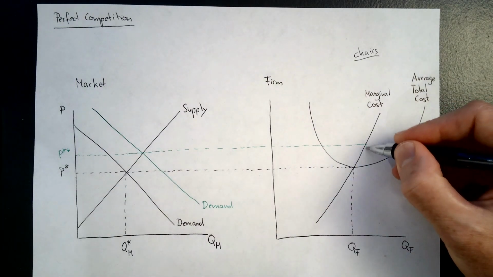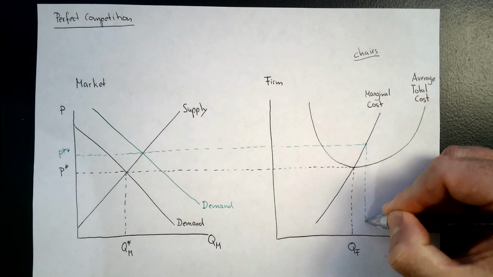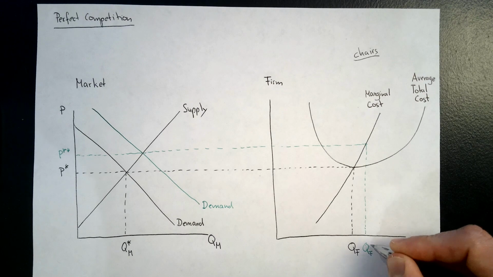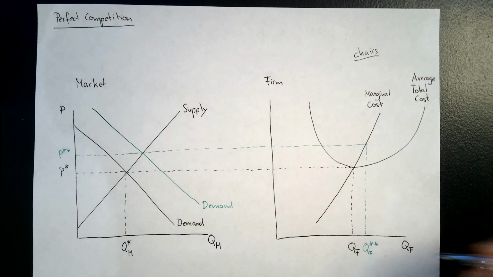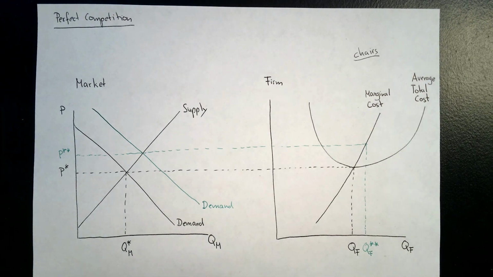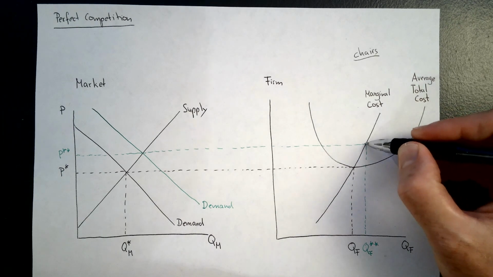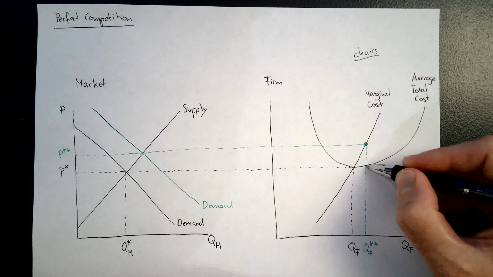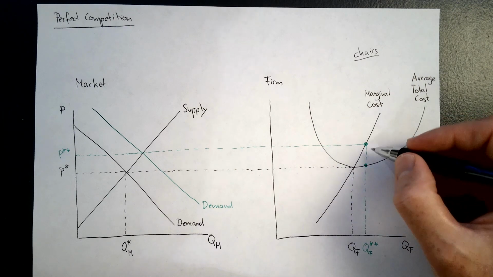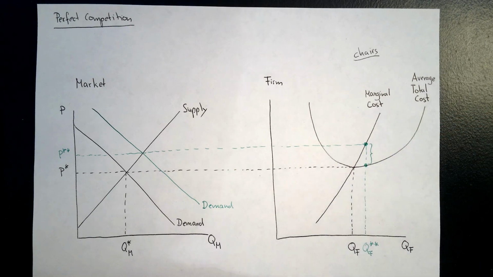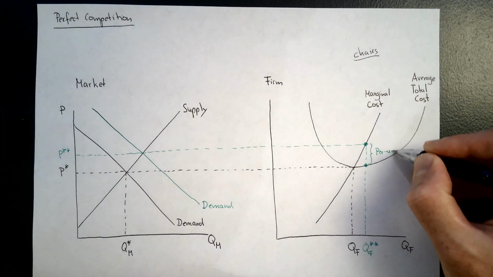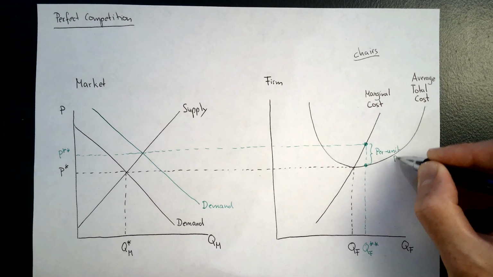Let's call this QF double star. Now, since the price is higher than the cost of production, we can think about this as a per unit profit.